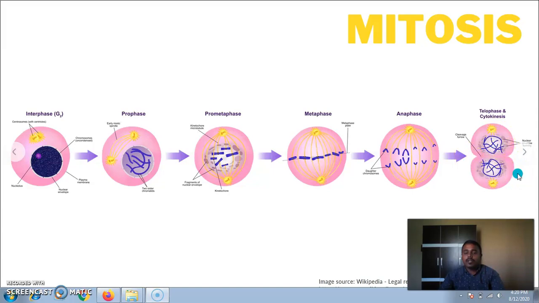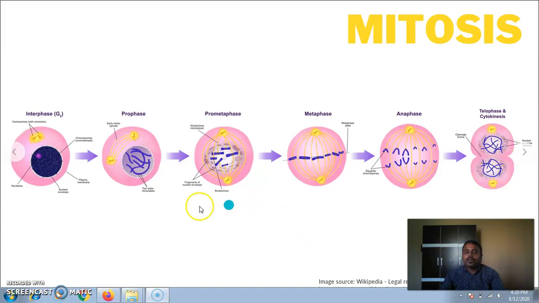This happens in the case of animal cells, but in the case of plant cells, this cleavage furrow will not form. Instead, a central cell plate will be formed, which will finally divide the cell into two daughter cells.